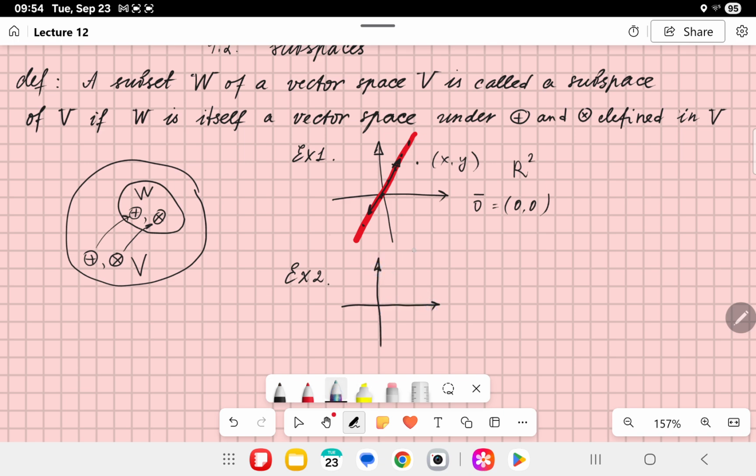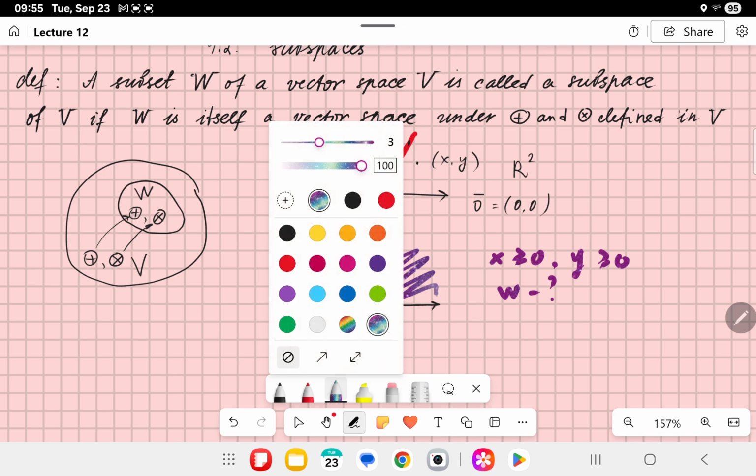Imagine that I'm going to consider one quarter of this space: points where x is greater than or equal to 0 and y is greater than or equal to 0. Is it going to be a subspace? Well, who knows? Let's check.